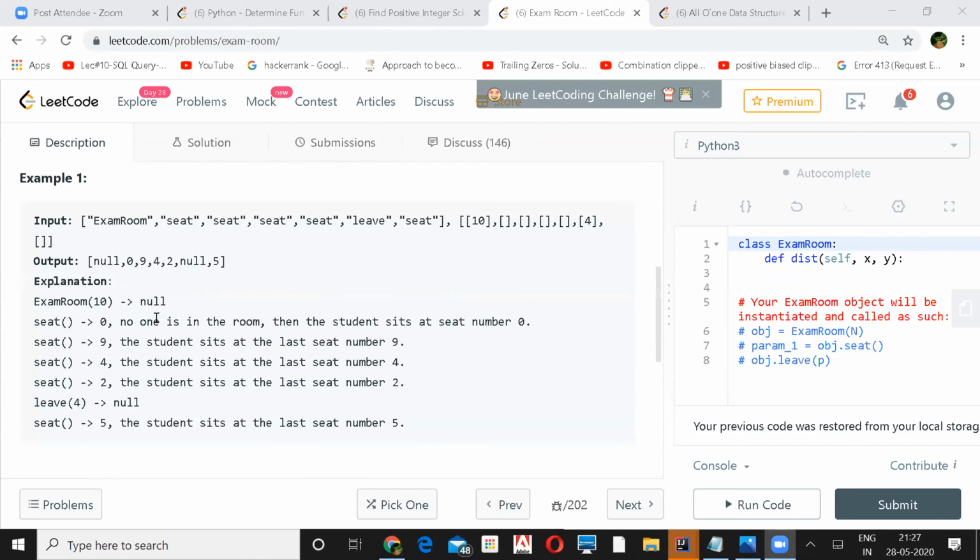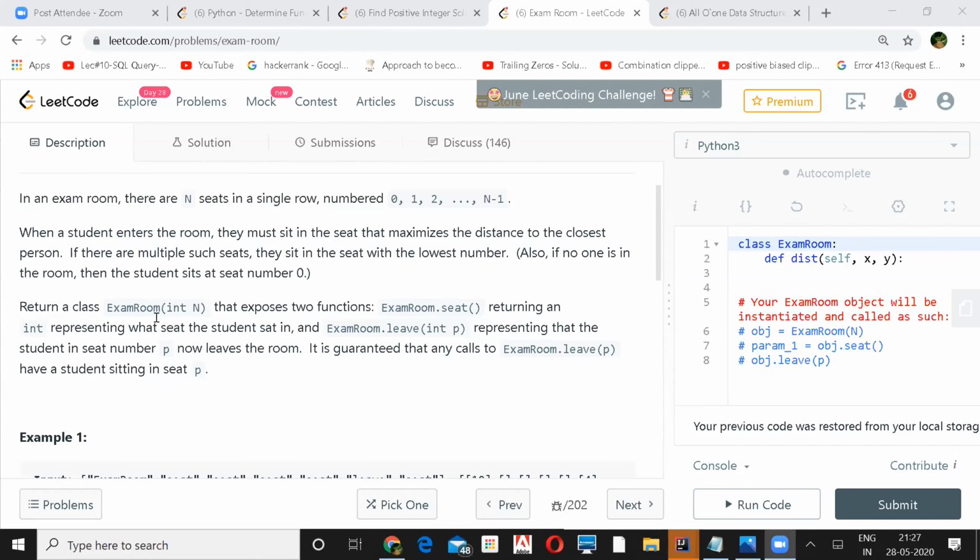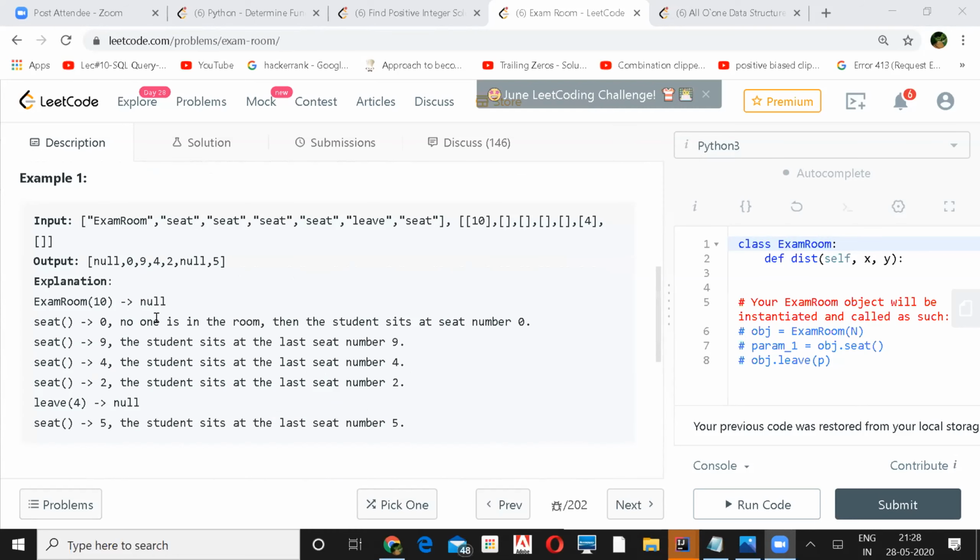Can we do the example where leave was explained, right? Like after you got the concept of how the seating arrangement would be made. But while reading the input, I understand exam room, then seat, first, second, third, fourth. So you reach the second index.